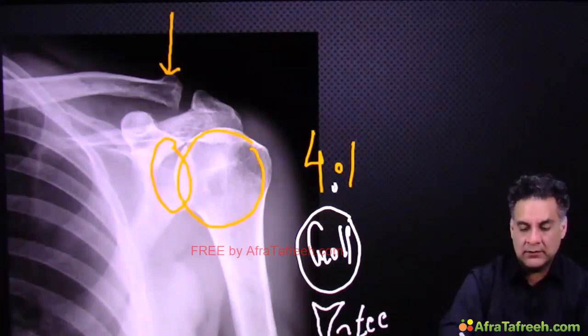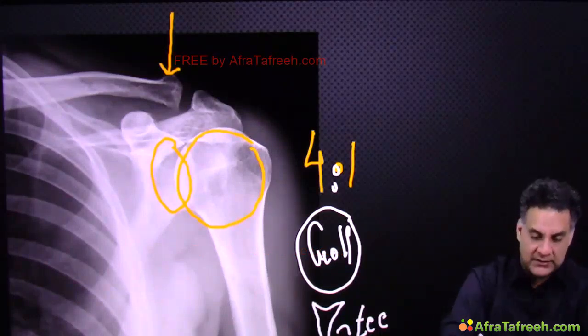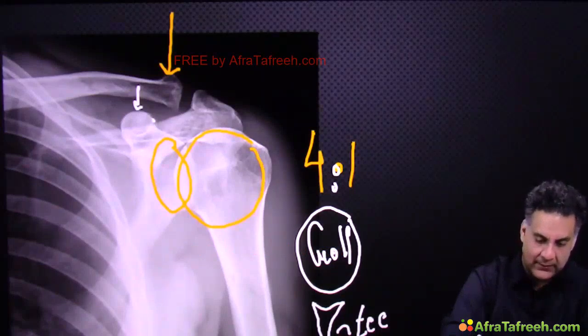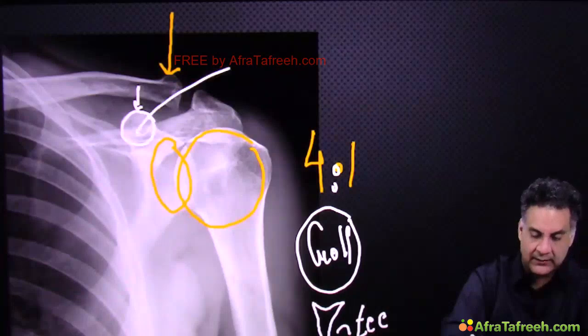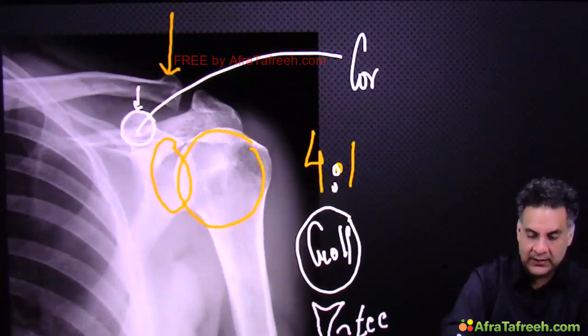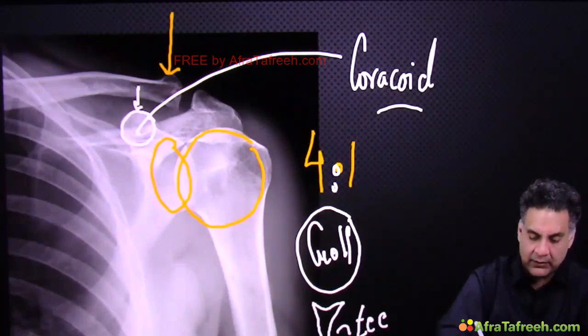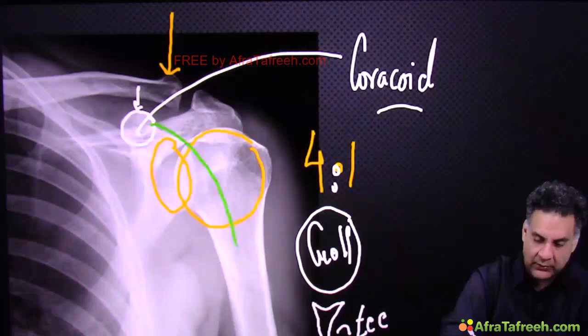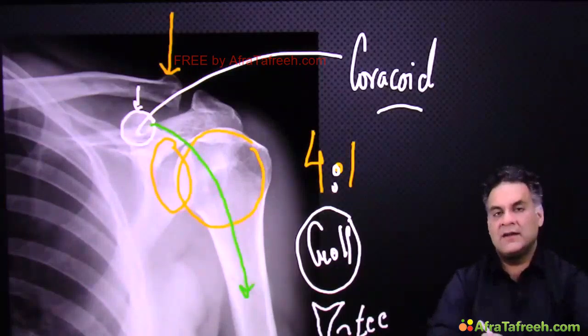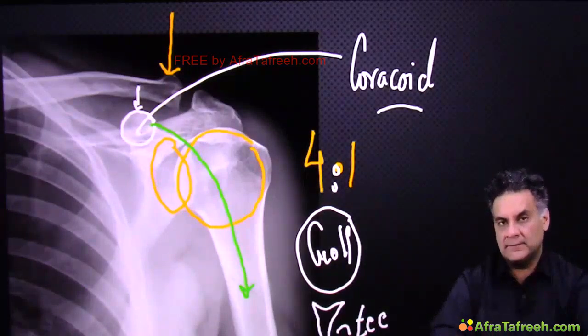Now, when you look at the bone just beneath the clavicle, the infraclavicular area, it is called the coracoid process. And that's so important because in a lot of incisions of the shoulder area, coracoid is the landmark to go anteriorly.